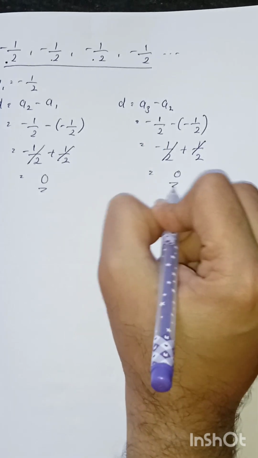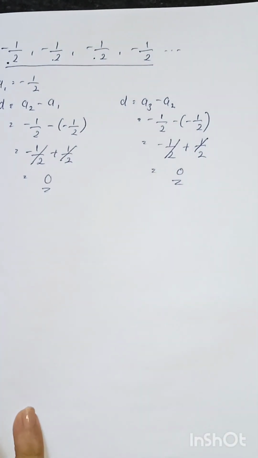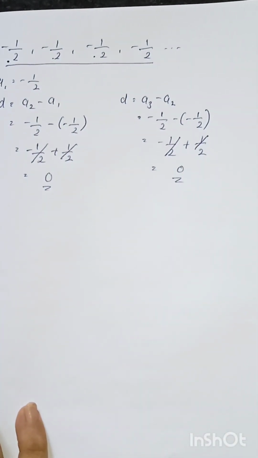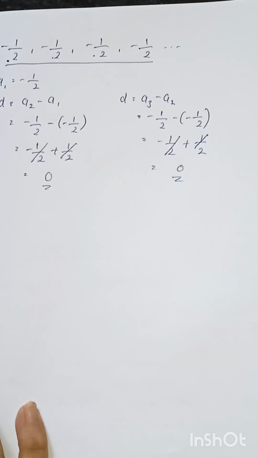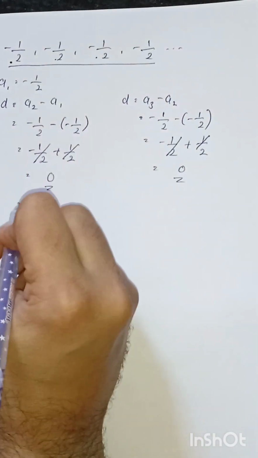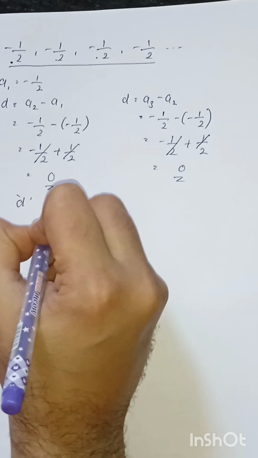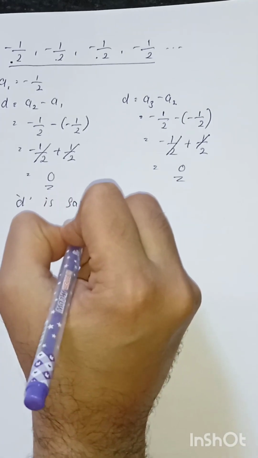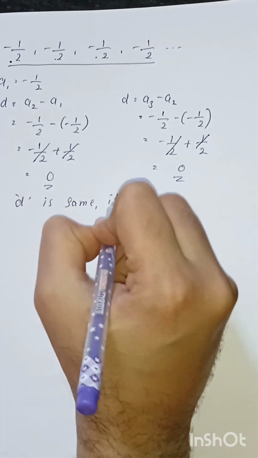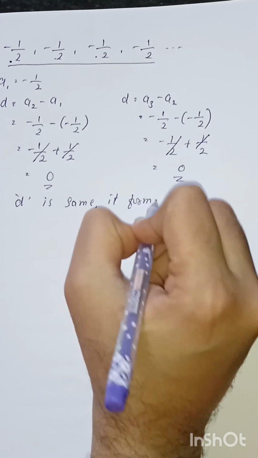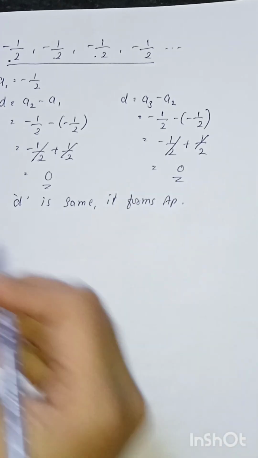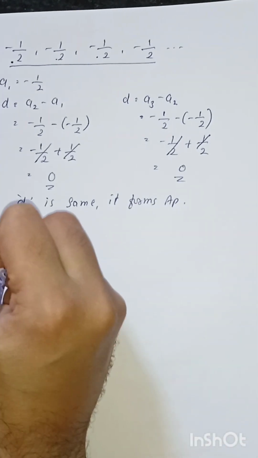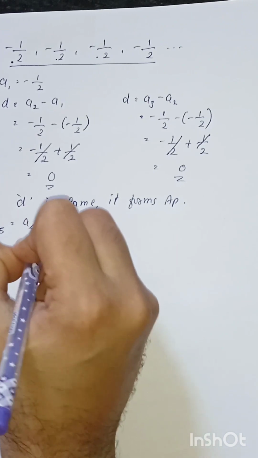It is 0. The D is same. So it forms AP. So next three terms, A5, A4 plus D.